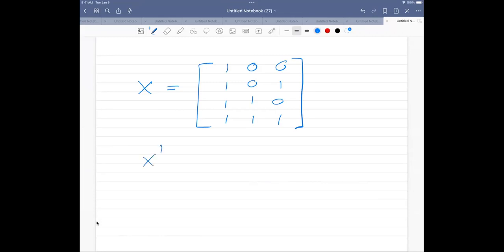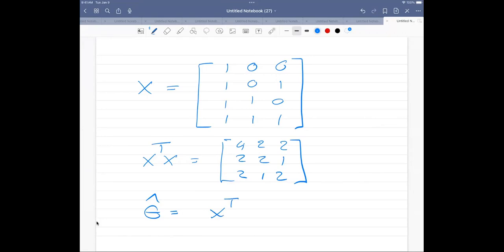I can then easily calculate and invert this matrix, which now simply becomes, if I've done things correctly, 4, 2, 2, 2, 2, 1, and 2, 1, 2. I can invert it, and I can get my theta, the optimal parameters, which are just given by x transpose x inverse times x transpose times y. And y is the target. So this is the quantity which we label as t. And this t as a vector is given by 0, 1, 1, 1. Okay?